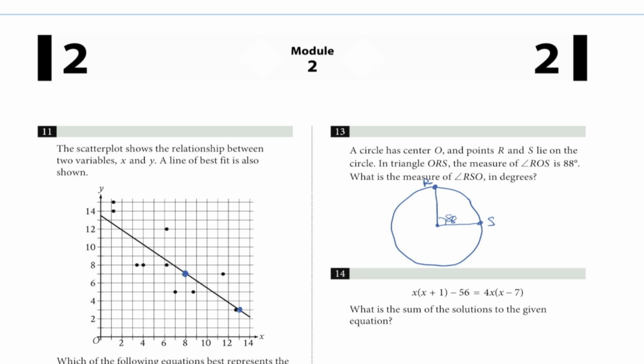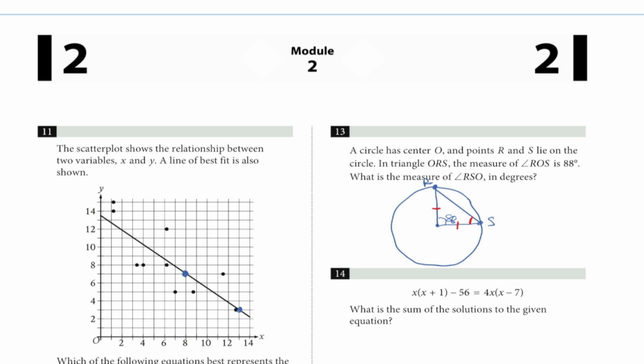And then they said triangle ORS, so I'm just going to connect R and S. And they're asking for the measure of angle RSO. So RSO would be, we'll mark it with red. They want to know that angle. What we have to realize is that these two sides right here are both the radius, so they're equal to each other.